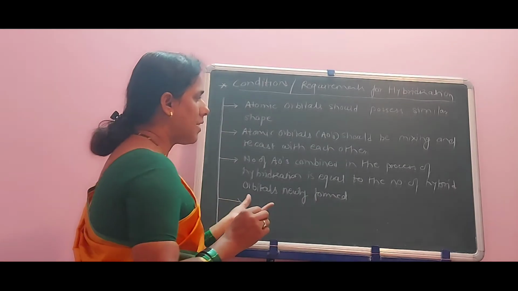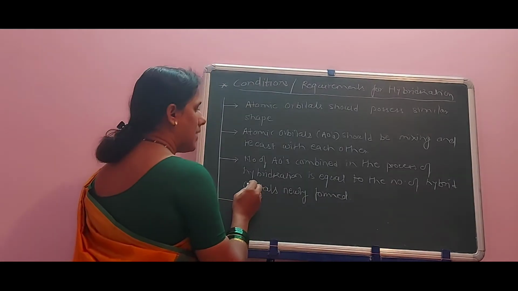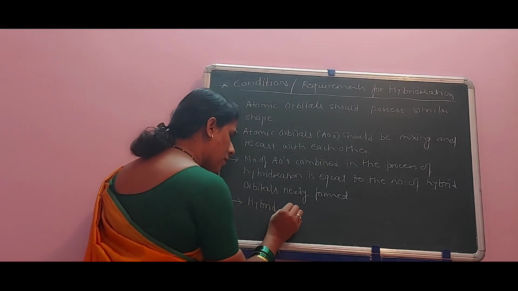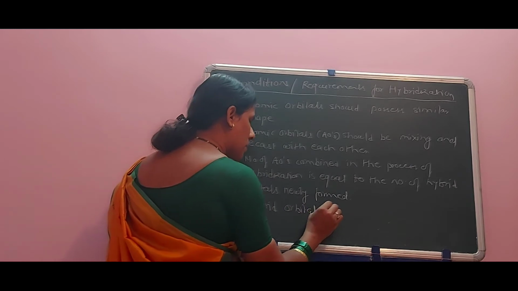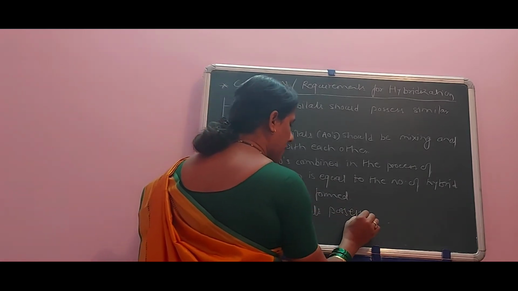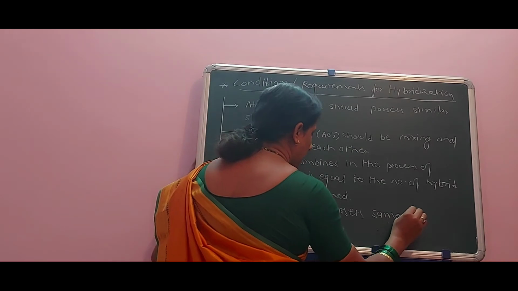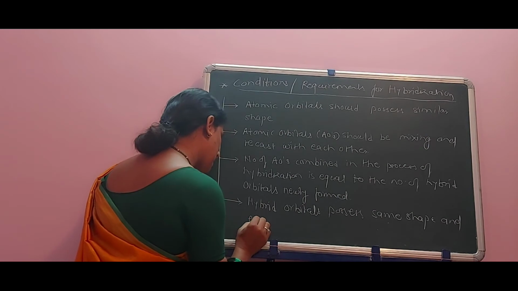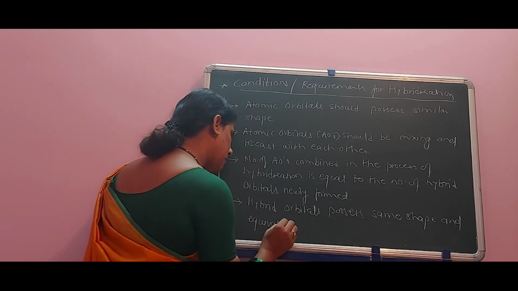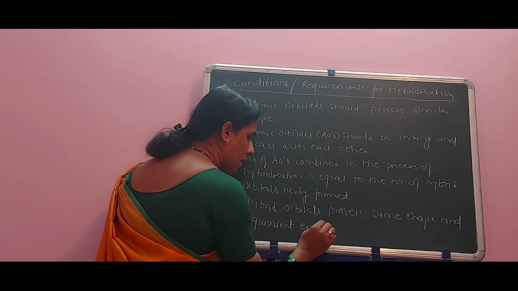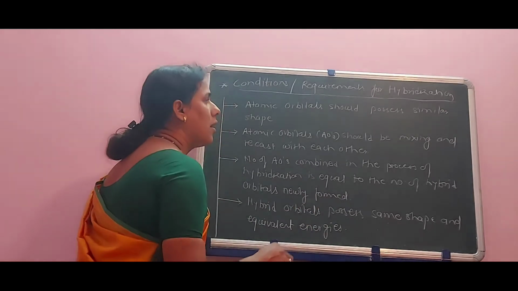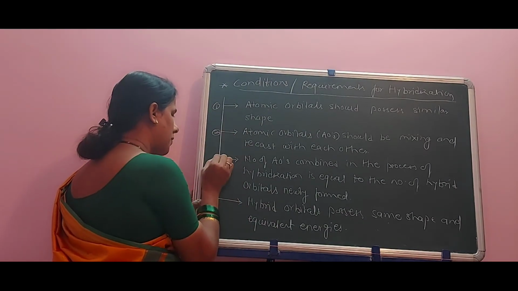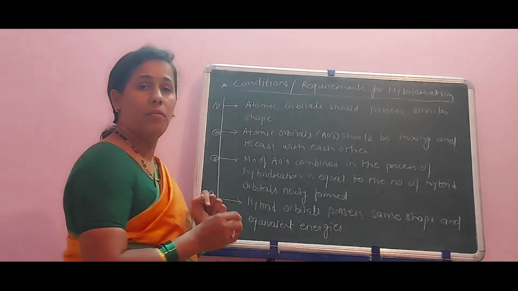Here one must note that the hybrid orbitals possess the same shape and equivalent energies. Now we are going to explain this one by one. This is the first, second, third, and here comes a fourth one.